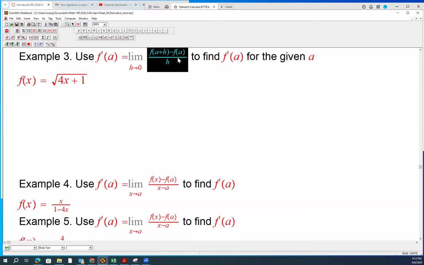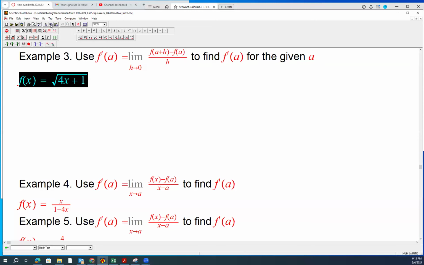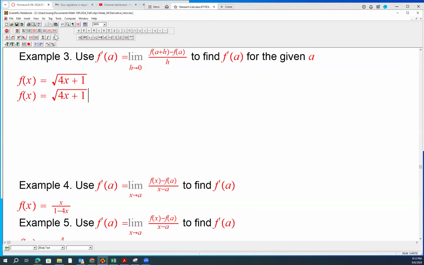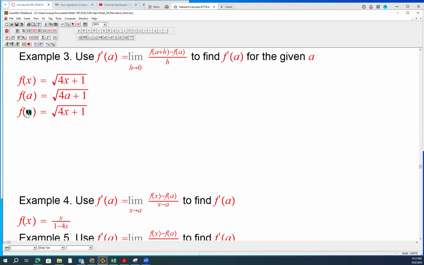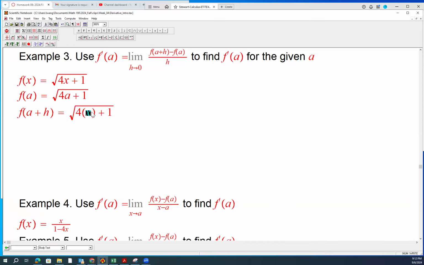We're going to plug in f of a plus h. So now a is arbitrarily chosen from this domain. So for a, f of a, and what is f of a plus h? A plus h. So this x will be replaced by a plus h. Here we go. We got f of a plus h minus f of a.